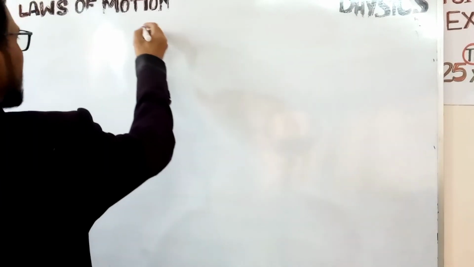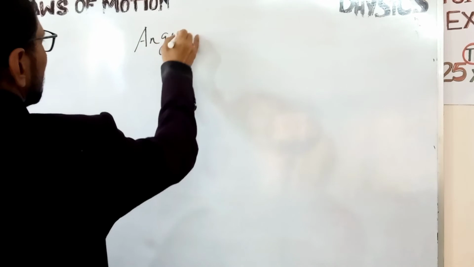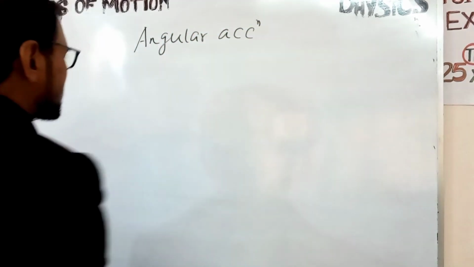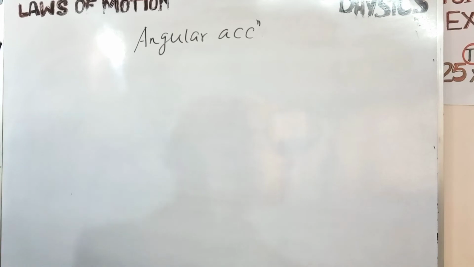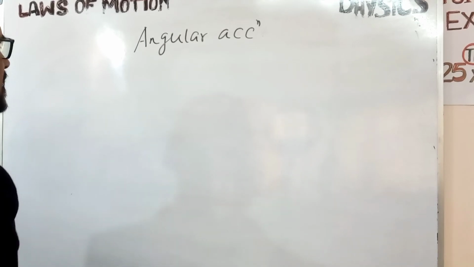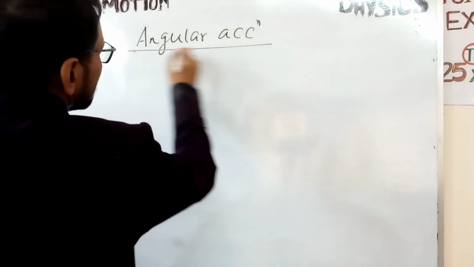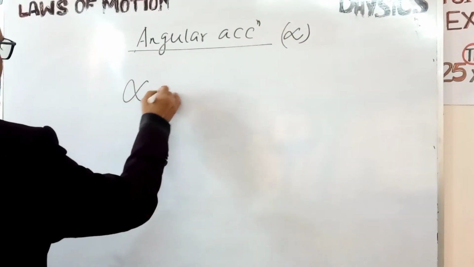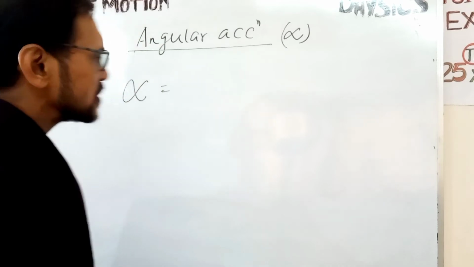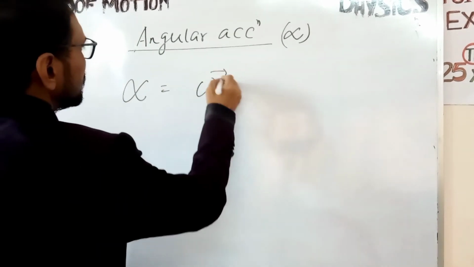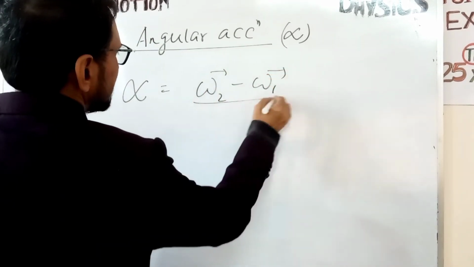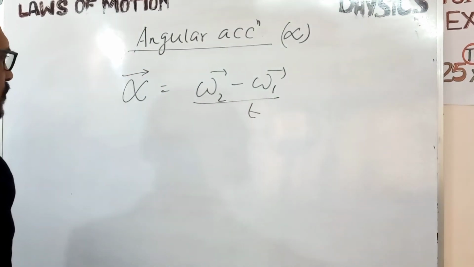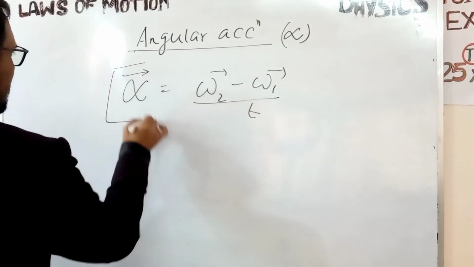Next term is angular acceleration. I have discussed tangential acceleration and centripetal acceleration. Now what is angular acceleration? The definition of angular acceleration is the rate of change of angular velocity, that is omega 2 minus omega 1 by t. So angular acceleration is also a vector quantity. Now what is the direction of angular acceleration?